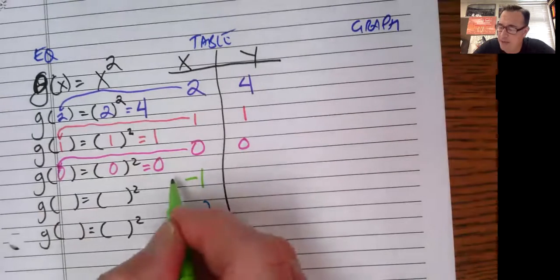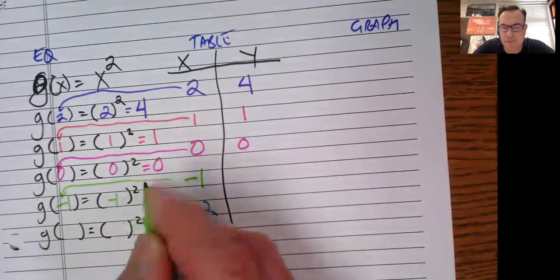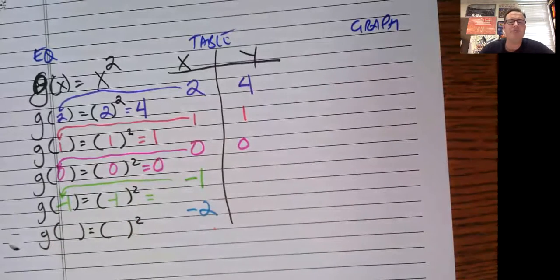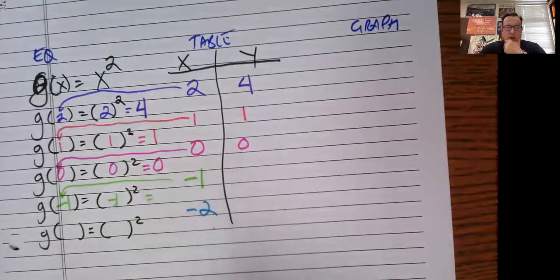Then we have -1. And this is where things get a little bit different. -1 times -1. What does that equal? If I do -1 times -1, what do I get? Does anybody know? -1 to the second power, or -1 times -1? Kwong, you are right.